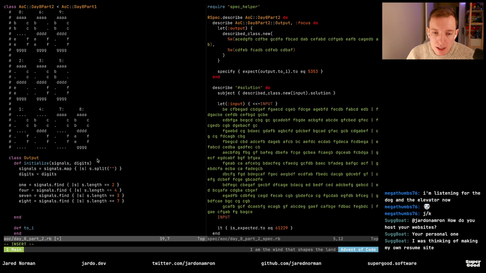And we know that 6 equals signals, find signal where the intersection of 1 and it has a length of 1 and that its length is 6.